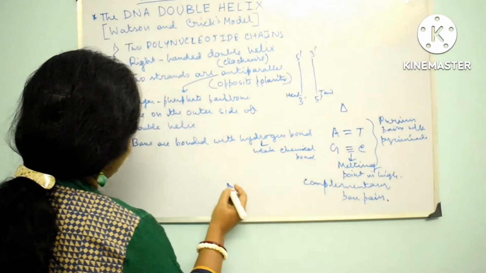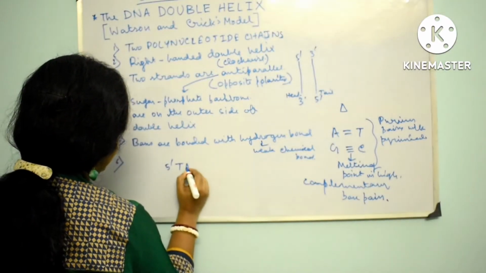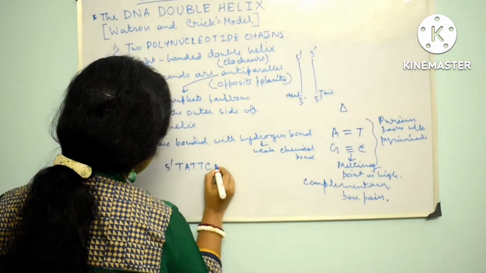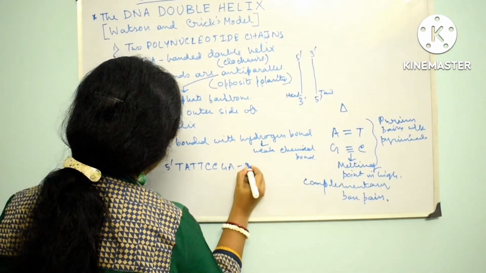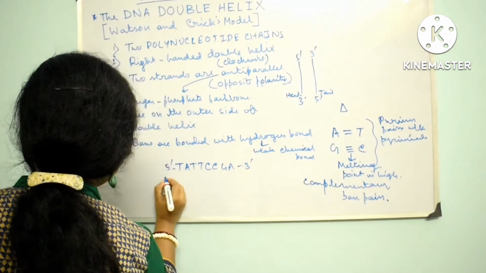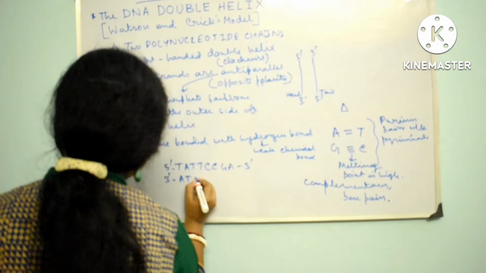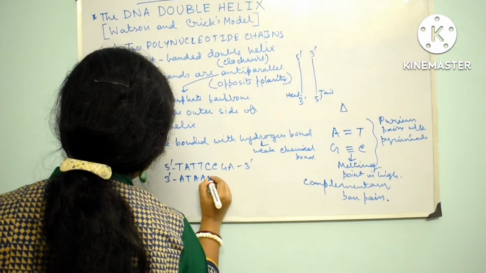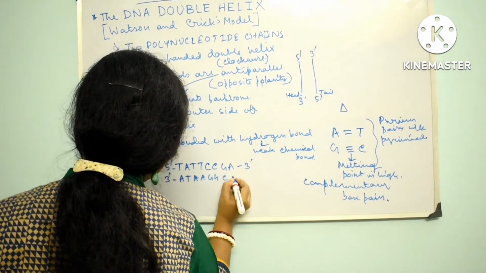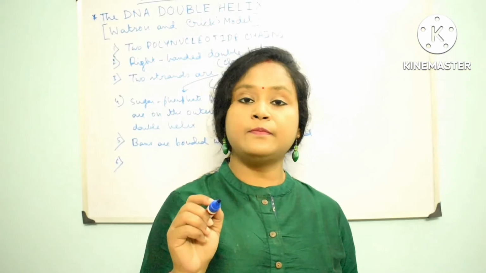For example, if one strand has the sequence 5 prime TATTCCGA 3 prime, then the complementary strand will be 3 prime AAGGCT 5 prime.